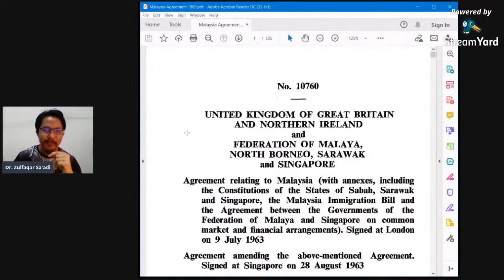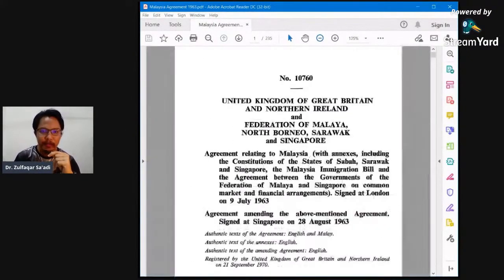For the people that haven't seen Malaysia Agreement 1963, this is Malaysia Agreement 1963. It has 235 pages. So if you find out there, people saying from Blogspot or something that it has 5 pages, 4 pages, that is not Malaysia Agreement 1963.